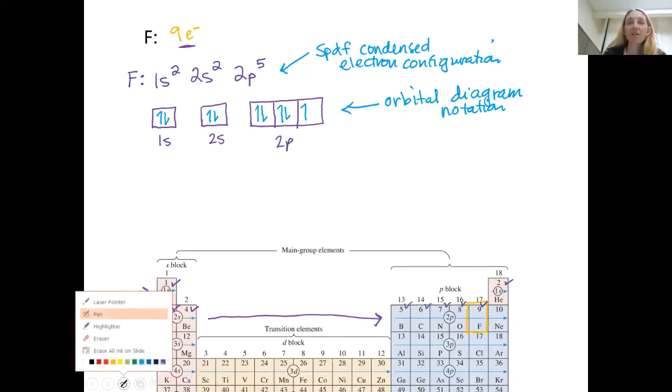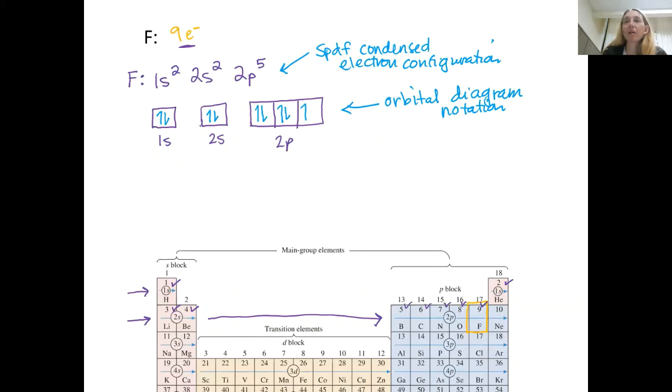Another notation, we're going to draw this one in green, is to be more specific. Okay, so right now I'm just telling you that there's 5 electrons in the p orbital, but I can be more specific and tell you exactly what orbital these electrons are in.